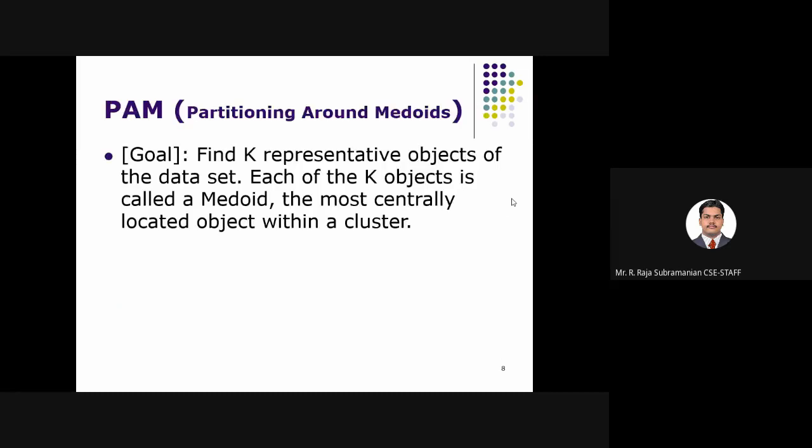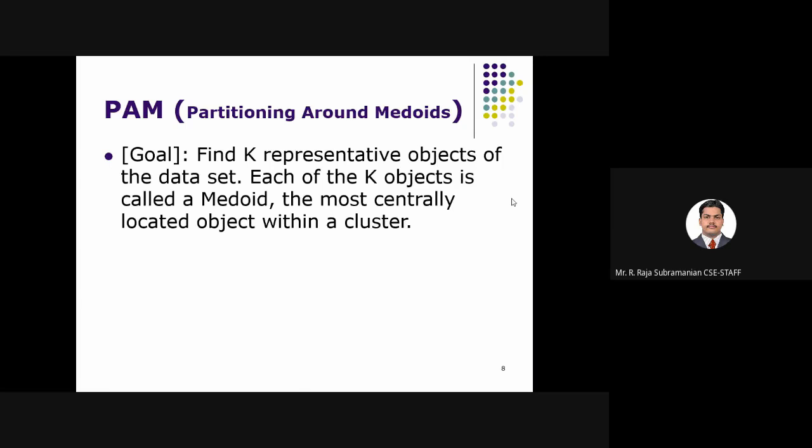One variety of k-medoids is PAM, partitioning around medoids. What is partitioning around medoids? I need to identify k representative objects, that is, however many clusters you want, and those k representative objects I name as the medoids. Initially itself I'm saying they are the medoids. There are some procedures for selecting them.